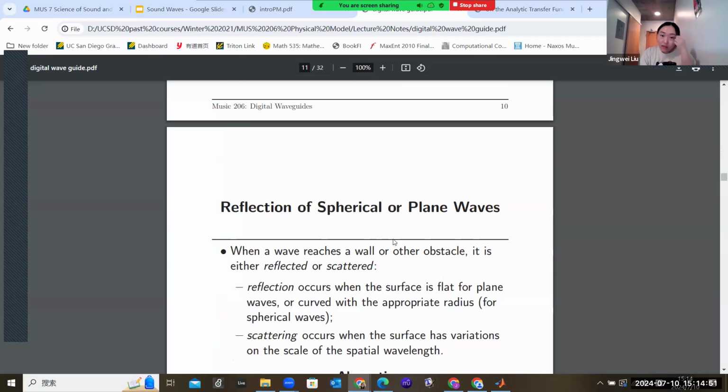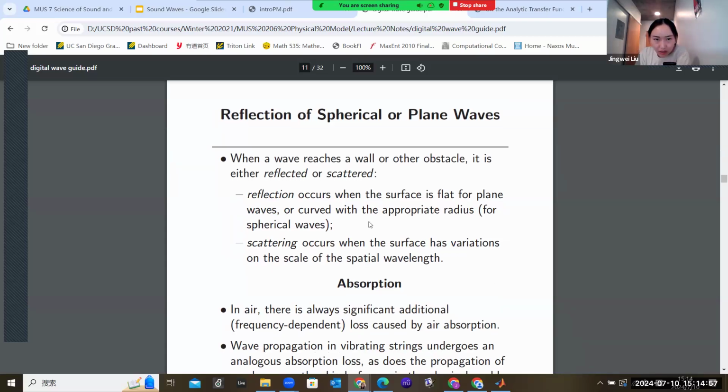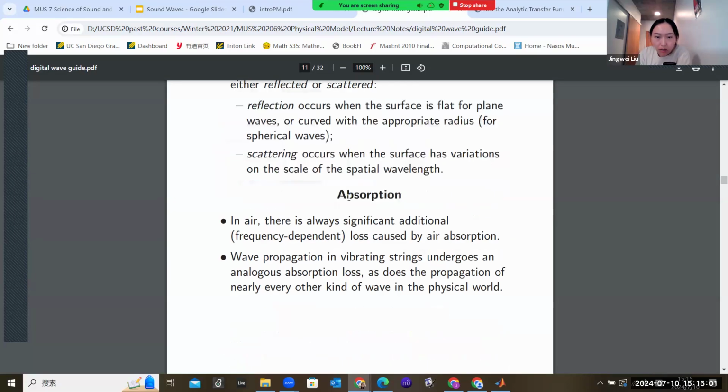Okay, let me see this reflection of spherical or plane waves. There is also something called absorption. In air, there is always significant additional loss caused by air absorption, which means when sound travels in the air, it absorbs energy, which is the same effect as damping.